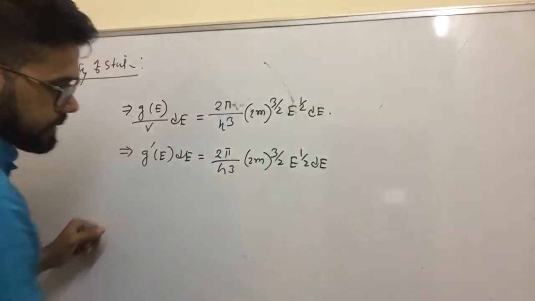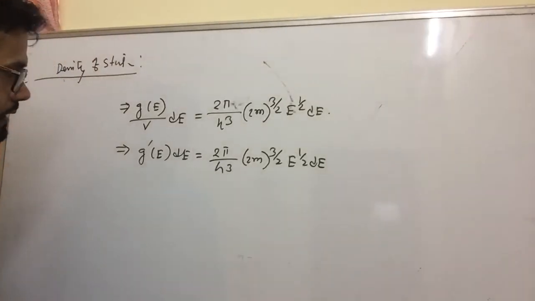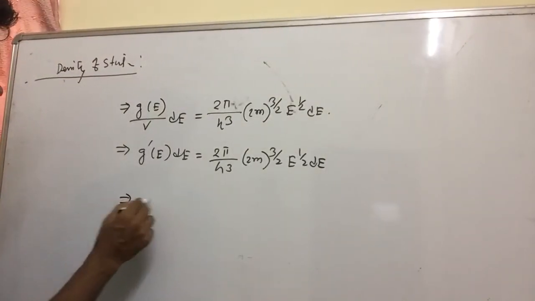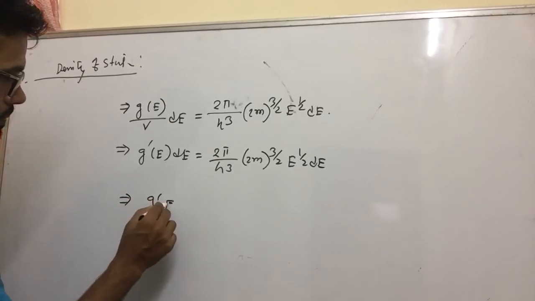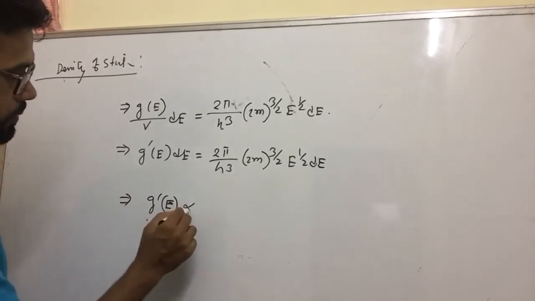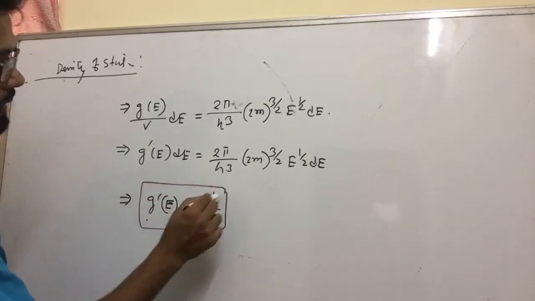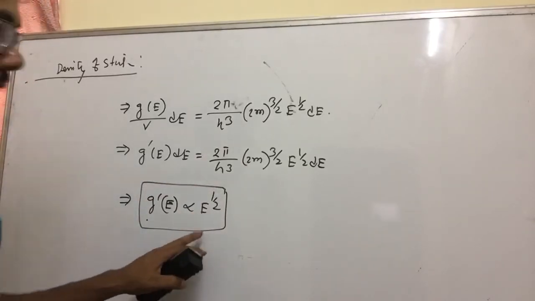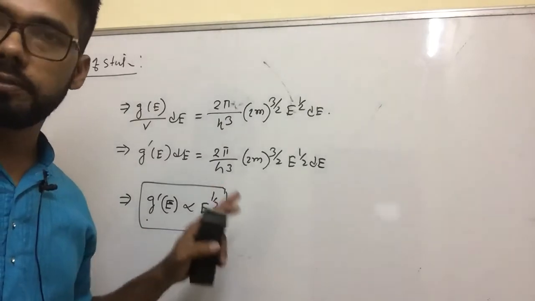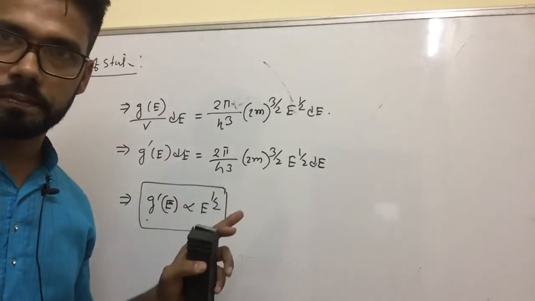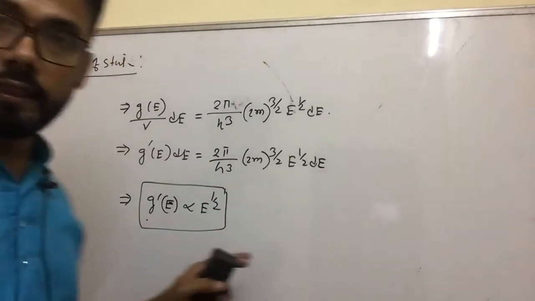Now what can you understand? The density of state is proportional to E to the power half. Forget about the constant. This density of state is valid for classical particles or fermions, not for bosons. Why is it important?